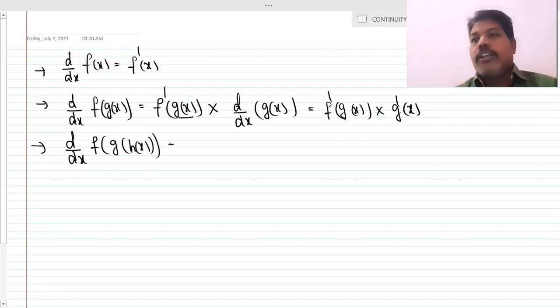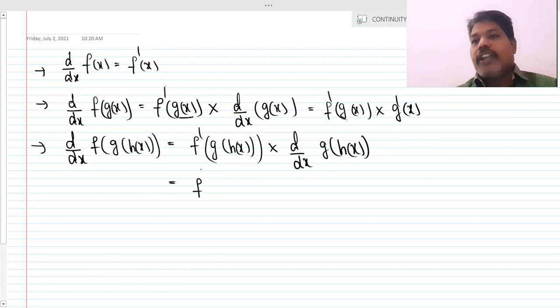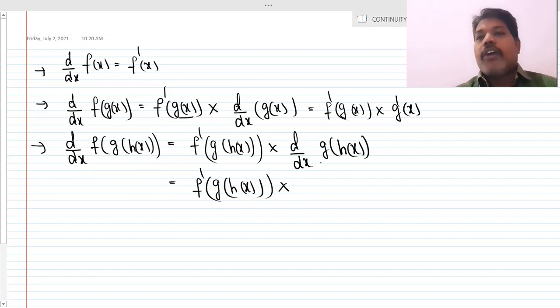First you have to differentiate f, and the remaining function stays the same. So the derivative is f dash of g of h of x into the derivative of g of h of x.